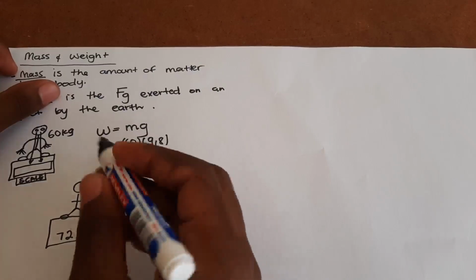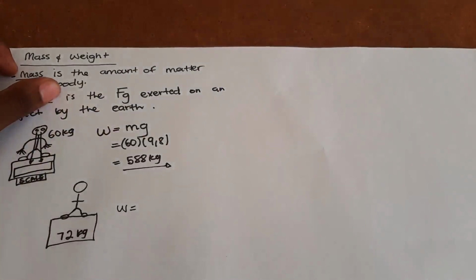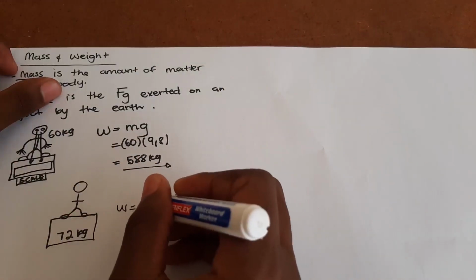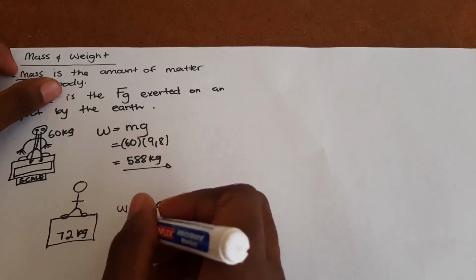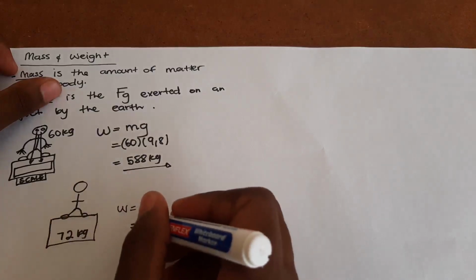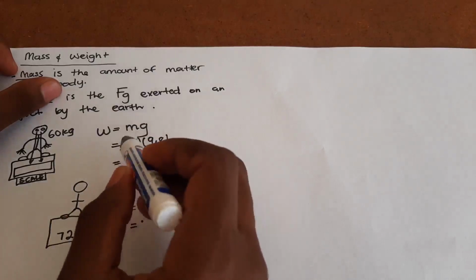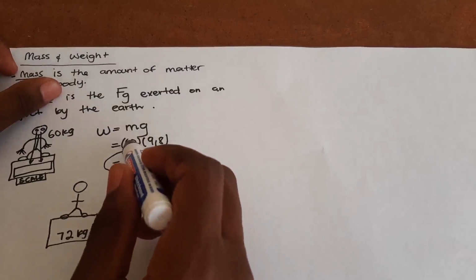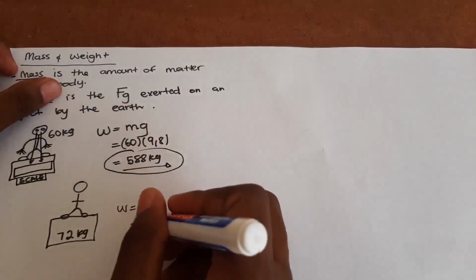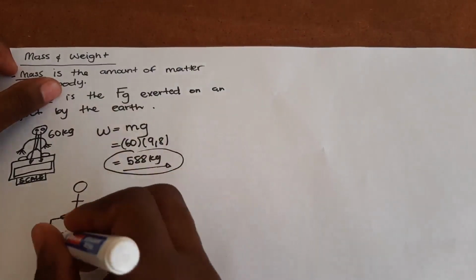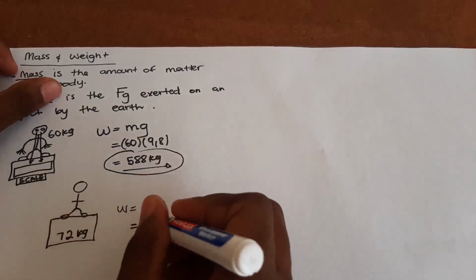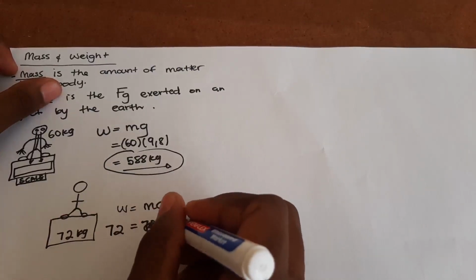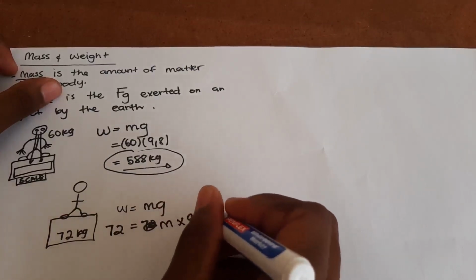Now let's determine their mass. So 72 is equal to mass multiplied by gravitational acceleration. When I look at this, I exaggerated on that one. Maybe I was supposed to say the weight is 60. Sorry, the weight is 72. You're checking for the mass multiplied by gravitational acceleration.